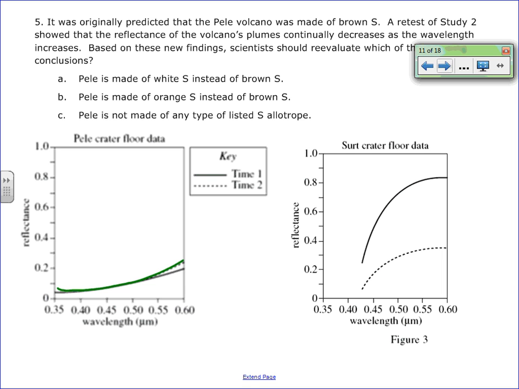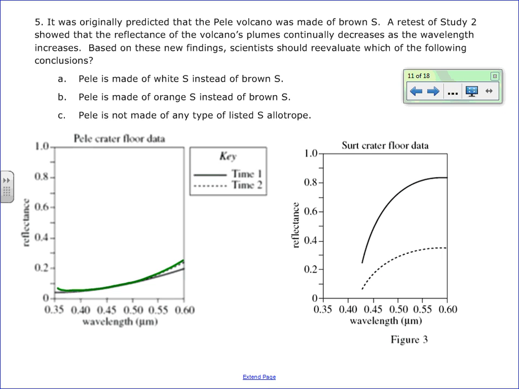However, it was discovered that the reflectance decreased as the wavelength increases. All right. So instead of looking like this, what would that mean? If the reflectance was decreasing as the wavelength increased, what would that line look like?